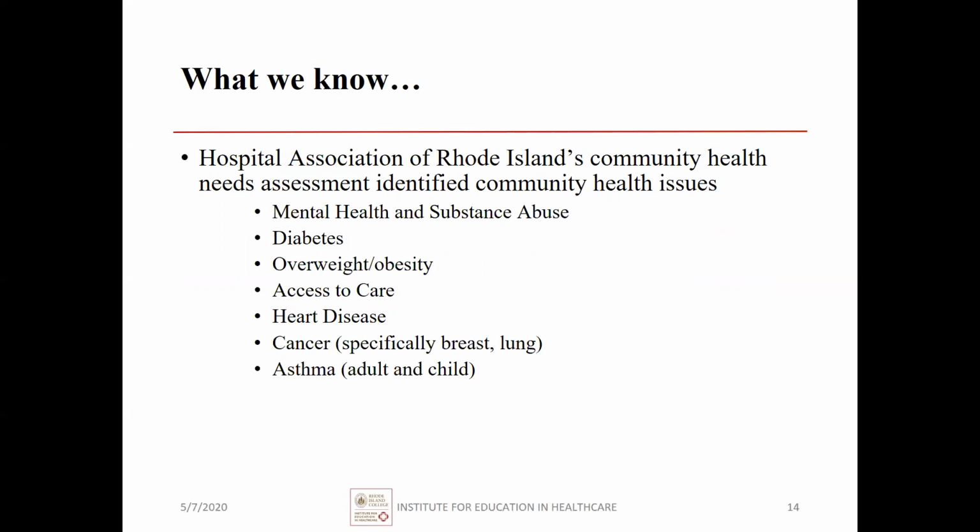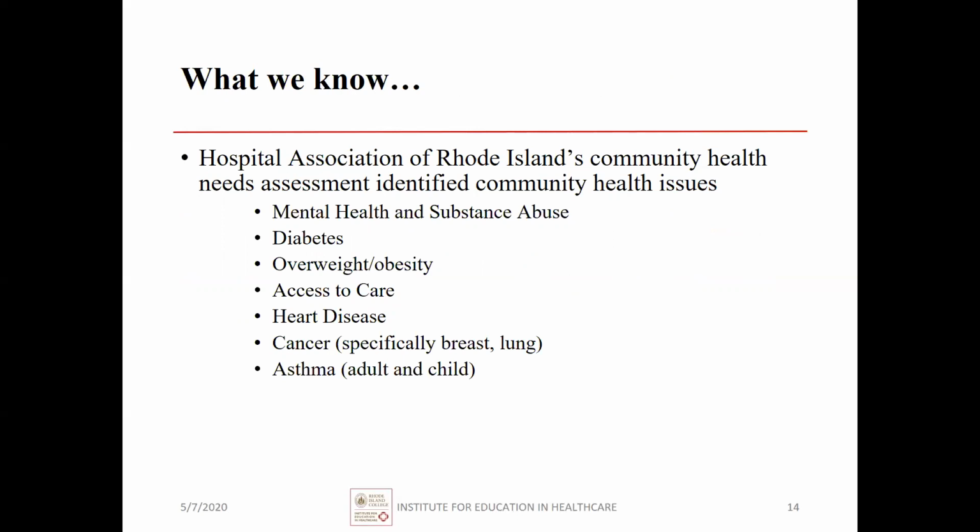When we think again about that important mind-body connection, the Hospital Association of Rhode Island's Community Health Needs Assessment did a really wonderful job making connections between the reciprocal impacts between behavioral health and community health issues.